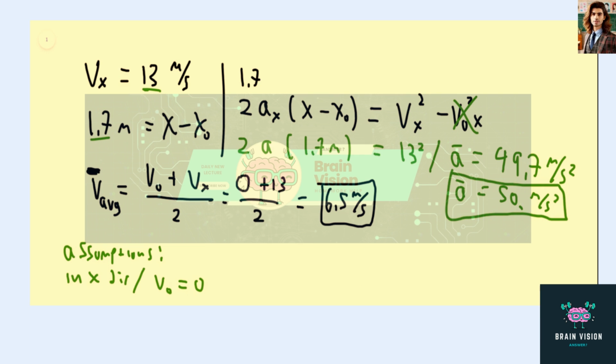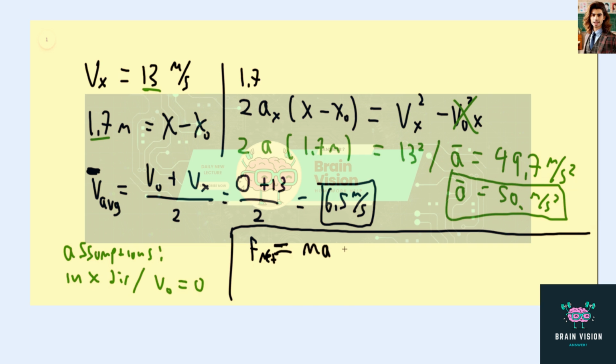Then we can also figure out the force. The net force we can get from Newton's second law. This is just the net force; there could have been the force of Earth acting against it, but that's a little more complicated. The net force is equal to ma, and the mass of the shot is 7.0 kilograms.